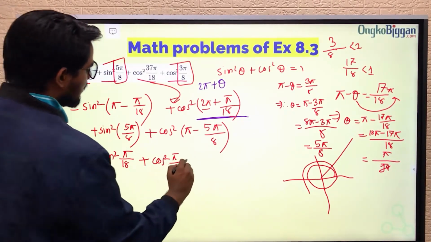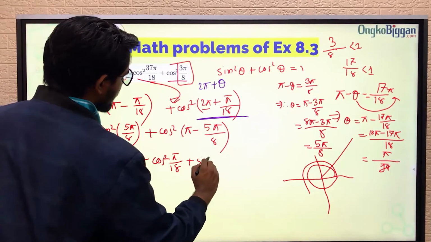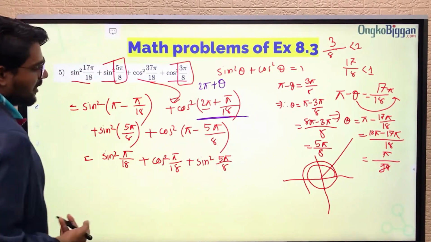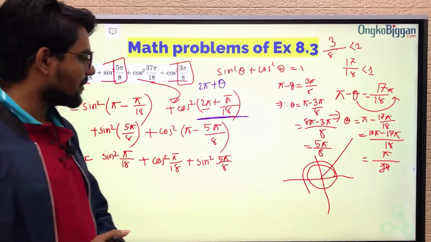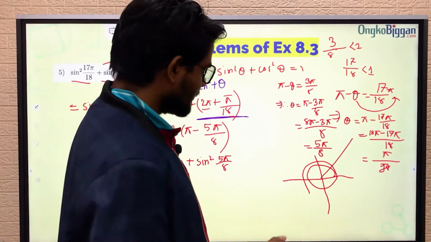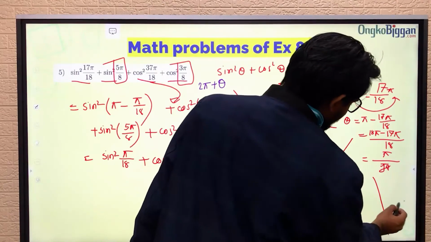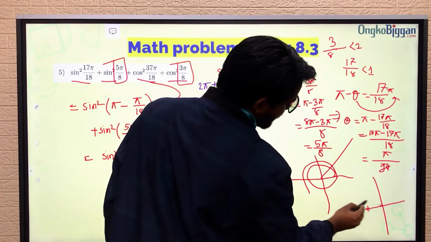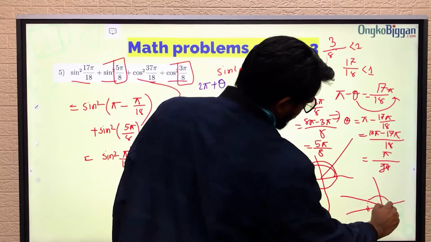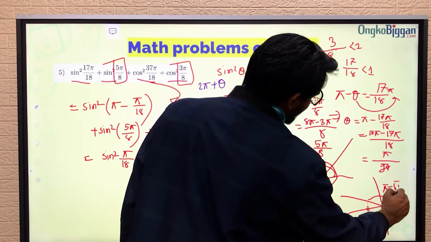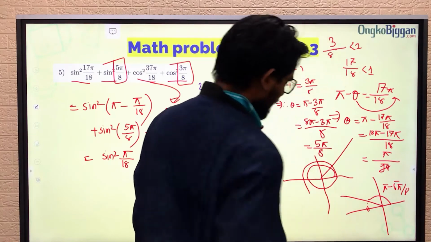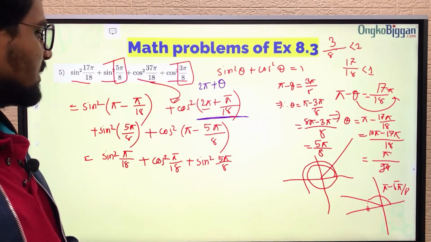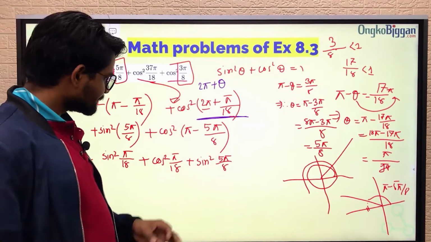Similarly, we don't need to convert the sine square 5 pi by 8, but we can get the cos square pi minus 5 pi by 8, which is in the second quadrant. It will be somewhere here, where pi minus 5 pi by 8 lies.